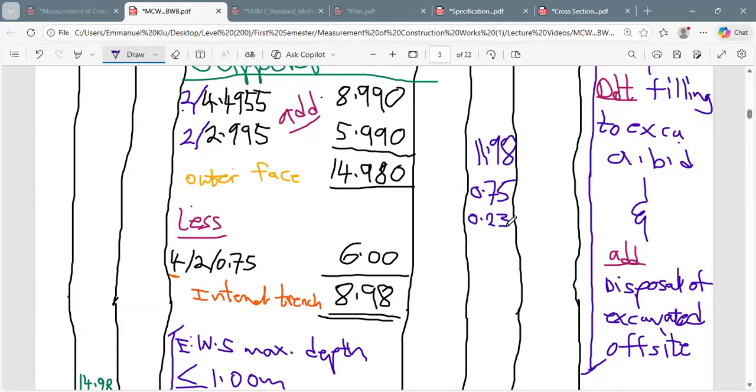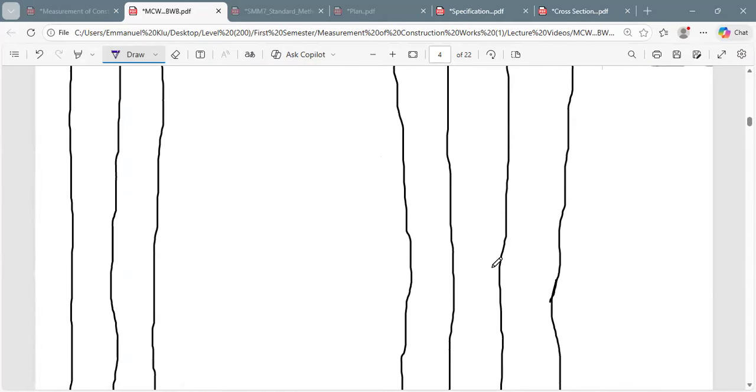Let's do that together. 11.98 times 0.75 times 0.23. This is going to give us 2.07. So let me write it well. 2.07. So I cut under it twice, and we are good to go.